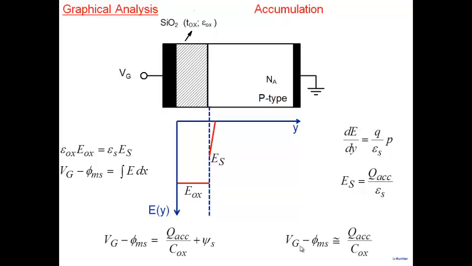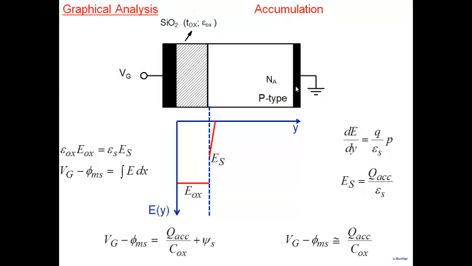And therefore, we can write Vg minus phi ms is equal to Q accumulation by C oxide. So if you want to estimate how much is the accumulation charge, whatever is the gate voltage minus phi ms gives you the accumulation charge by C oxide, under the assumption that this drop here is negligible. Okay, so that's why the approximate sign is there. So that sort of completes.